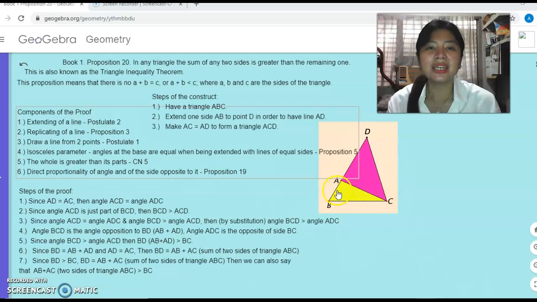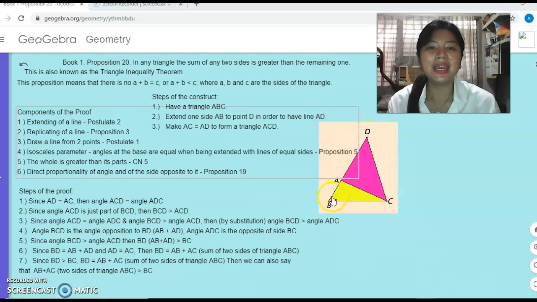And yes, that already gives us an example of adding two sides of a triangle. So we have AB plus AC equal to AB plus AD.